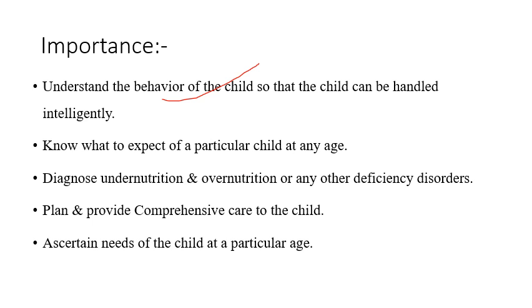If the child doesn't attain it at a particular age, we can understand the child is having some kind of problem. The third is to understand any disease condition, maybe malnutrition or any other kind of deficiency disorder. The fourth is to plan and provide comprehensive care to the child according to the needs of the particular age. So these are the importance of learning growth and development.